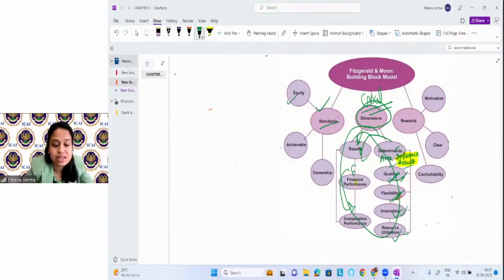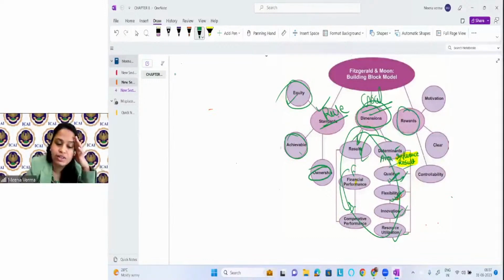Now the point is that we set some standards. Standards means maybe the rules and regulations for the company. Whatever rules the company is setting for all the employees, they should be equal for everyone in the organization. It should be achievable, realistic, and easy to achieve, and ownership. We have learned these points.